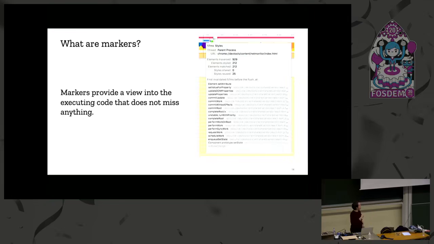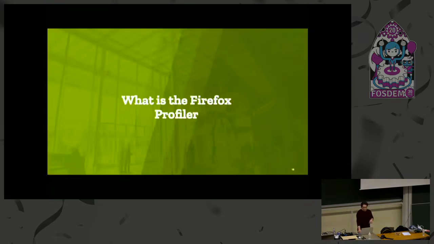For example, in this picture, there is the call stack, and then there is some additional information for styling. This is a marker that we add whenever a new styling happens in a web page. So we learned those two main data sources from a profiler.